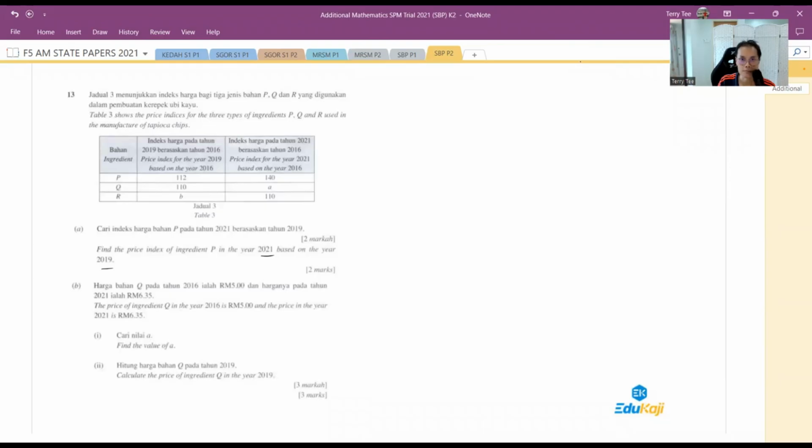If you focus on P, we have year 2016, year 2019, and year 2021. For P, from 2016 to 2019, it increases by 12%, so we're at 112. Then from 2016 to 2021, it increases by 40%, so we're at 140. We want to find the price index for 2021 based on 2019.